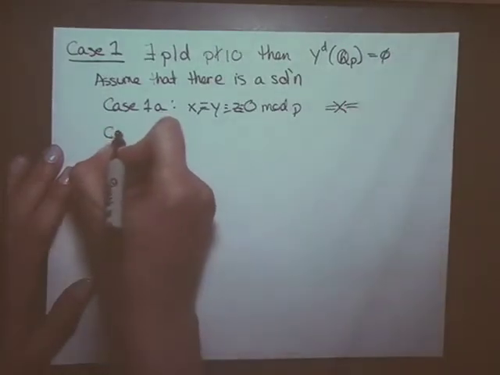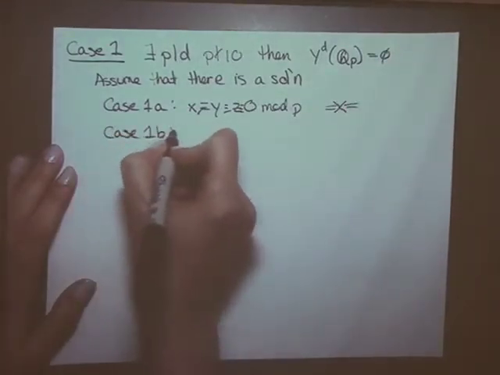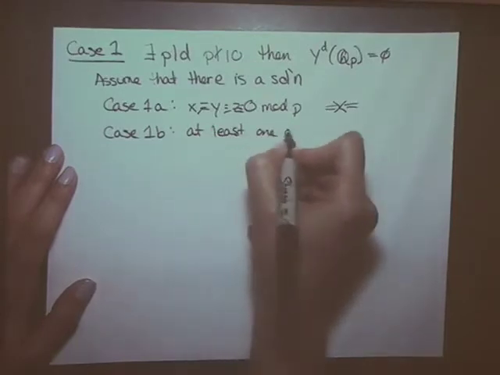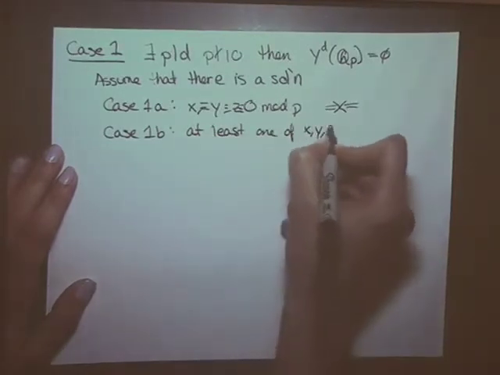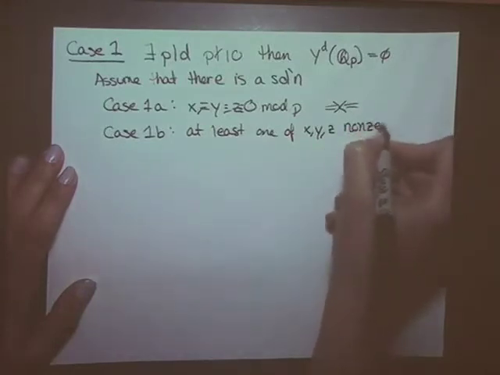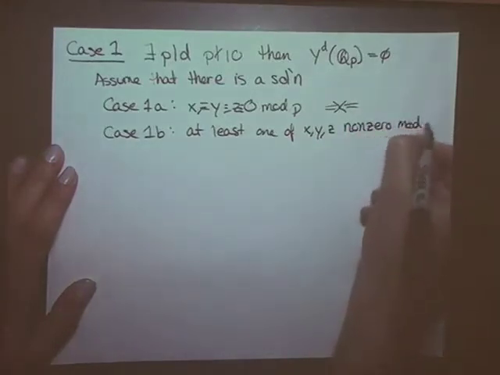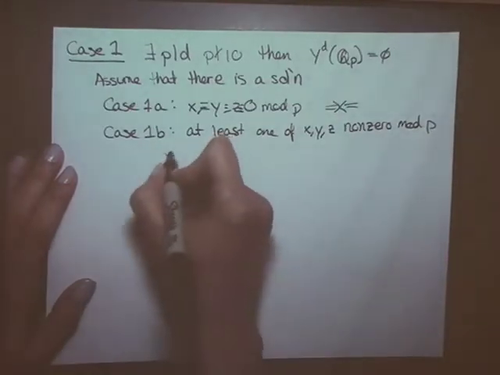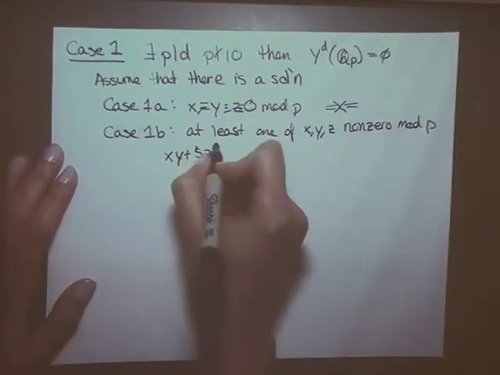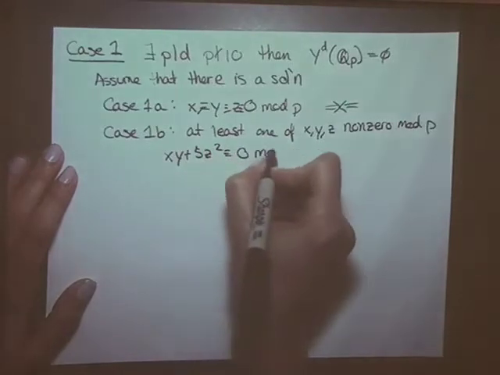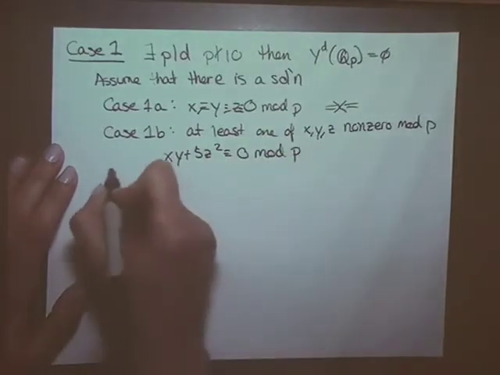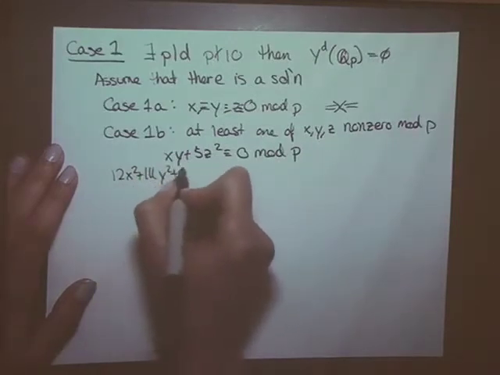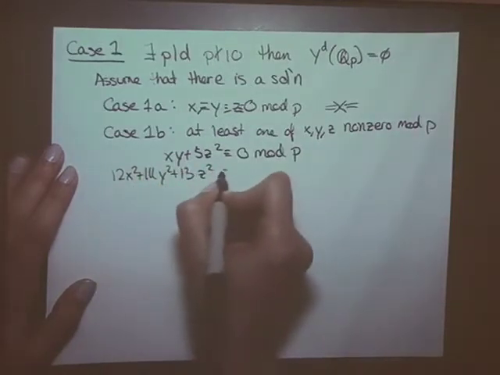Okay, so now we can assume that at least one of x, y, and z is non-zero mod p. And we're looking at the equation xy plus 5z squared congruent to 0 mod p. I'm going to rewrite it slightly differently: 12x squared plus 111y squared plus 13z squared is 0 mod p.